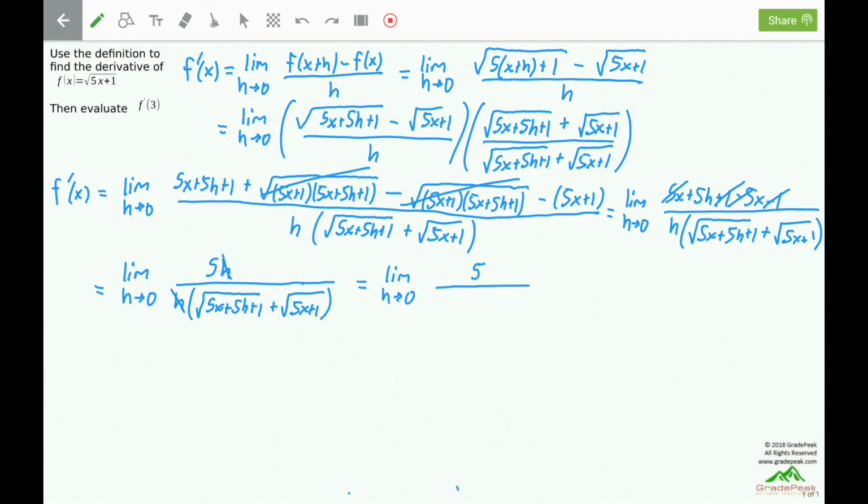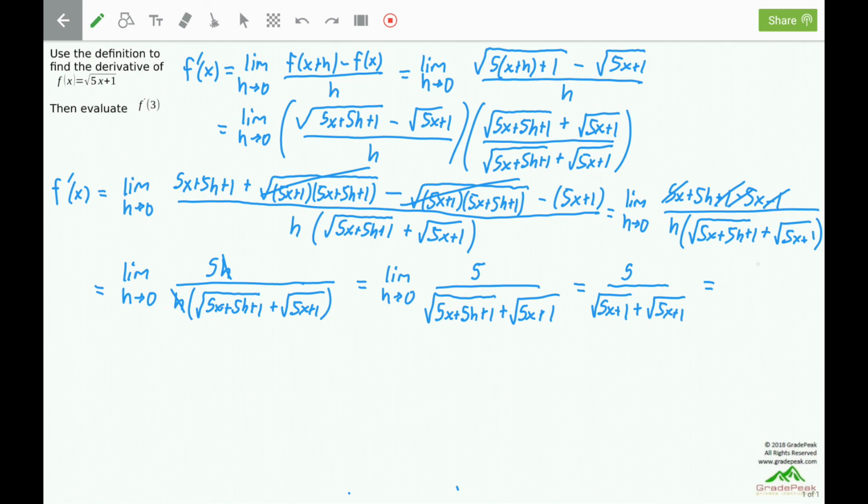Instead, we have a 5 divided by the root of 5x plus 5h plus 1 plus the root of 5x plus 1. And we can now plug in a 0 for any remaining h's, which means this first root will become 5x plus 0 plus 1, so just 5x plus 1, plus the other root, which is also 5x plus 1.